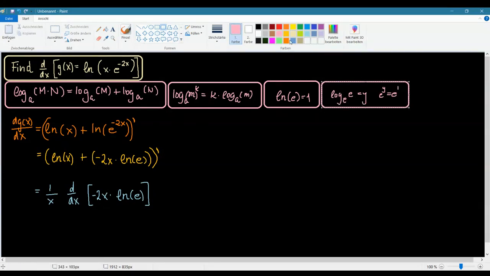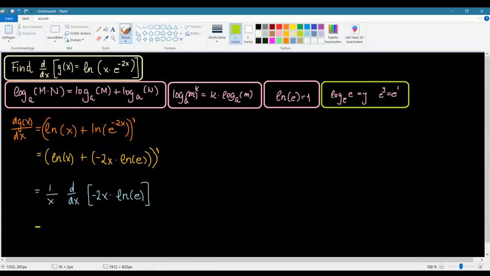Okay, so now we're going to remember that ln e is 1, but we're deriving, right? So we can't just do whatever we want. We're going to pull it out, but it's just 1, so it doesn't matter.